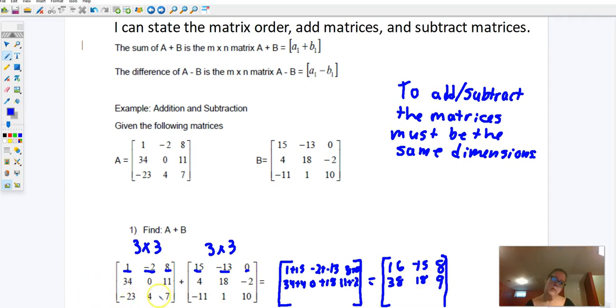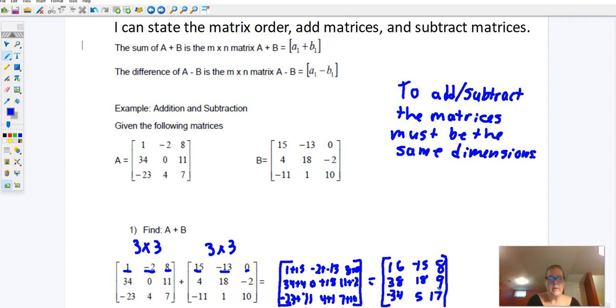Now we're going to the third row, first column. We're going to add to that the other third row, first column. So negative 23 plus negative 11 is negative 34. 4 plus 1 is 5. Third row, third column is 7 plus 10, which is 17.